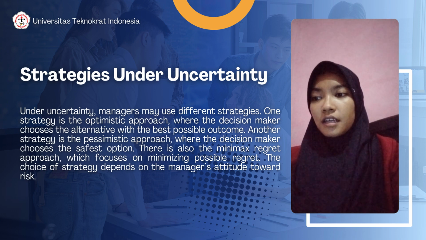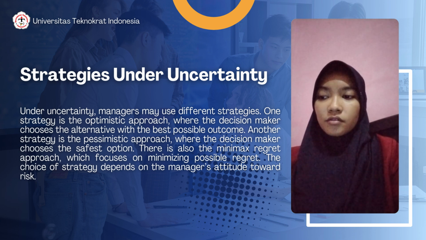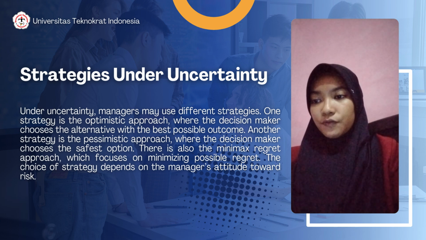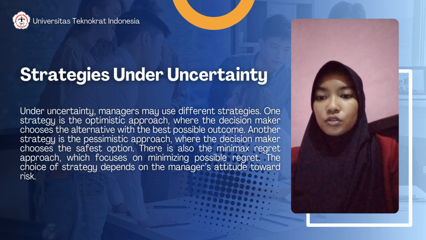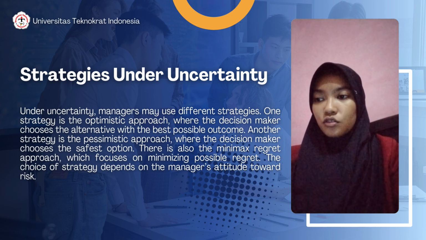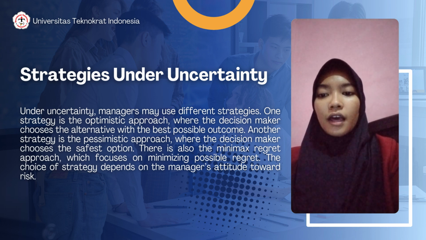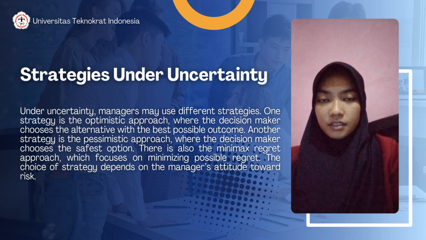Another strategy is the pessimistic approach, where the decision maker chooses the safest option. There is also the minimax regret approach, which focuses on minimizing possible regret. The choice of strategy depends on the manager's attitude toward risk.